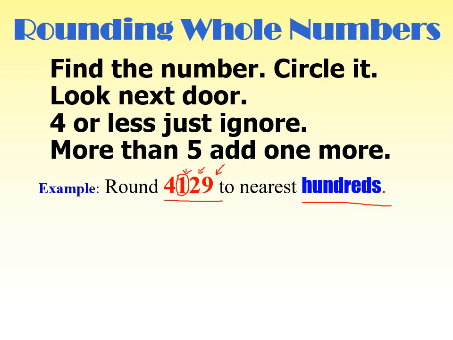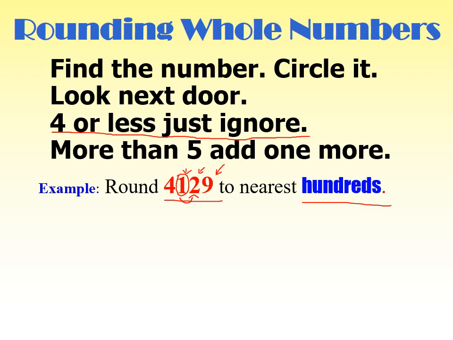Now we're going to look next door to it. We're going to look to the right of it, this number here. You'll notice that it says if it's 4 or less, you can just ignore. If it's 5 or more, add 1 more. So because we have less than 4, we're going to round down in this case.